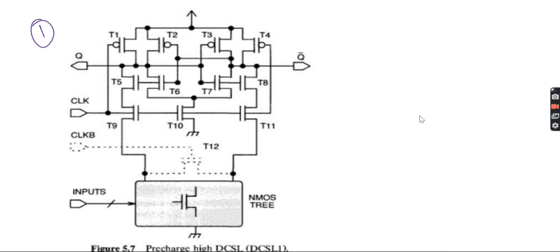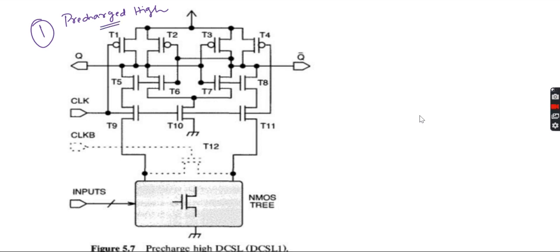First, you can see that this structure is pre-charge high DCSL.